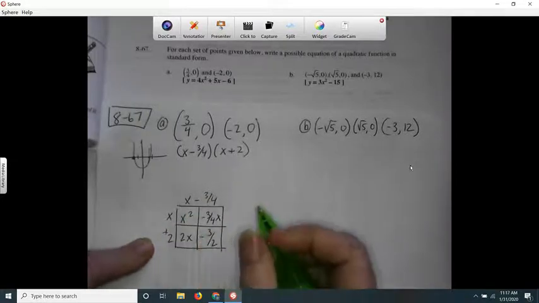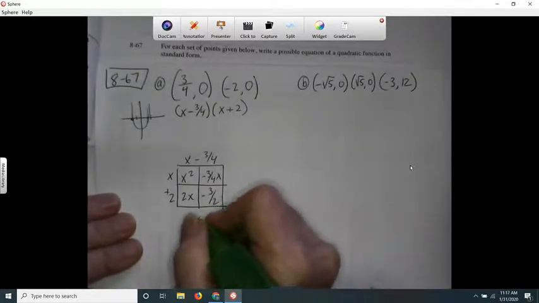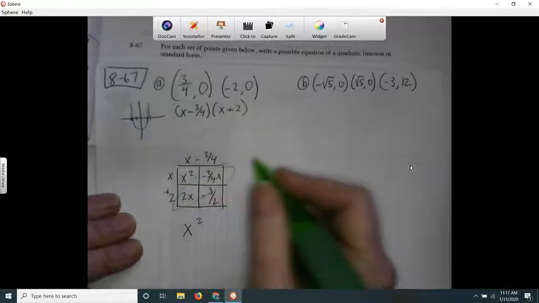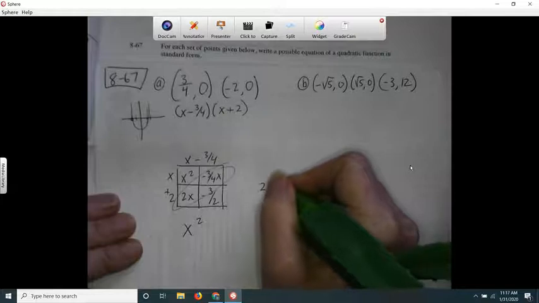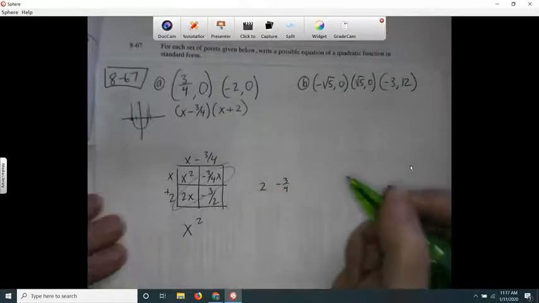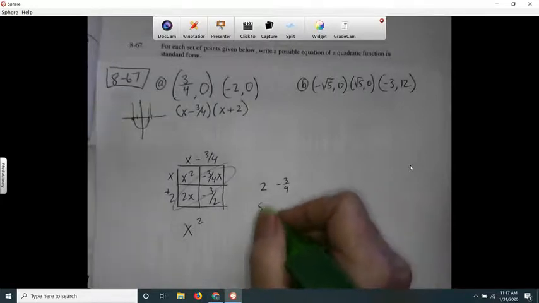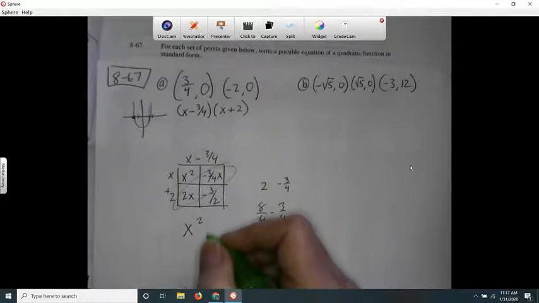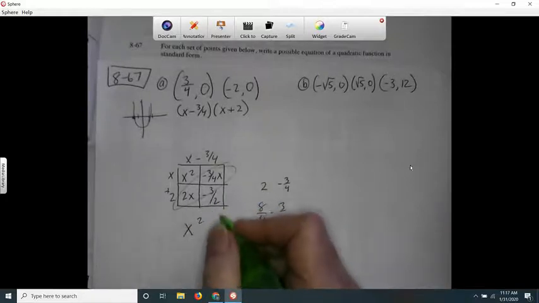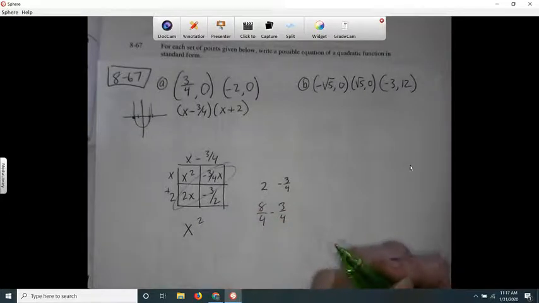So then I can write that as x squared, and what's 2 plus negative 3/4 if I do fraction math? Well, this would be 8/4 minus 3/4, so that's 5/4.